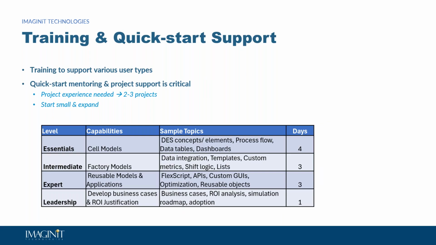So that's something that we would leverage Josh for to help you, have him available to support your projects and answer any questions you have, to reduce any struggling that you have, answer questions quickly, and help you get to value with the software faster.